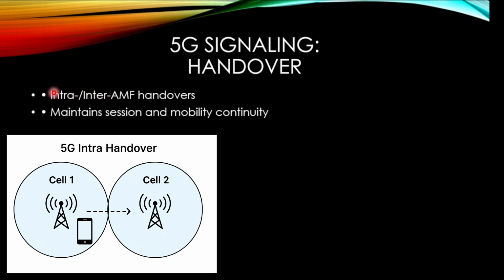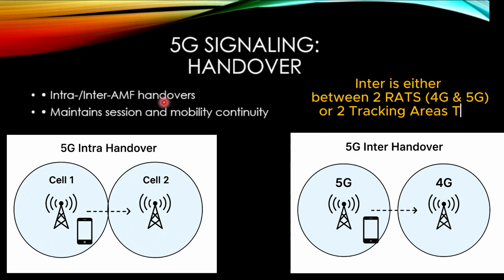The intra handover, meaning that you are still within the same tracking area but moved from one gNodeB to another, and the inter handover, meaning that you moved from one tracking area, which is a group of gNodeBs sharing the same tracking area, to another group of gNodeBs with a different tracking area, which will trigger a tracking area update.